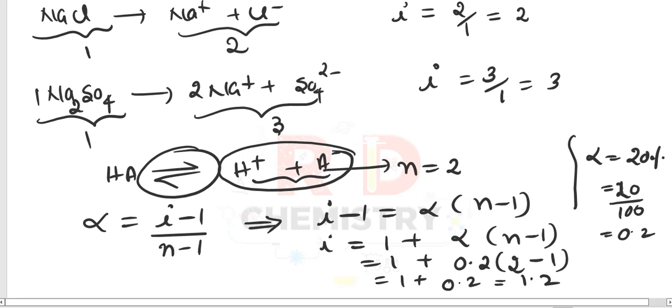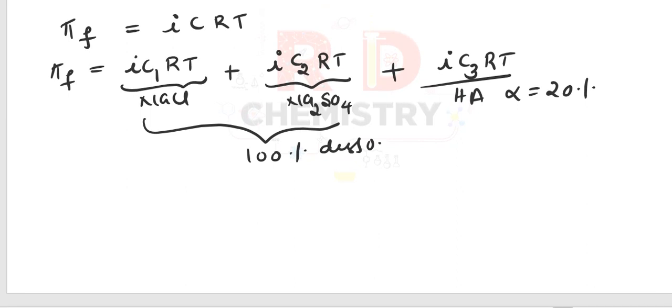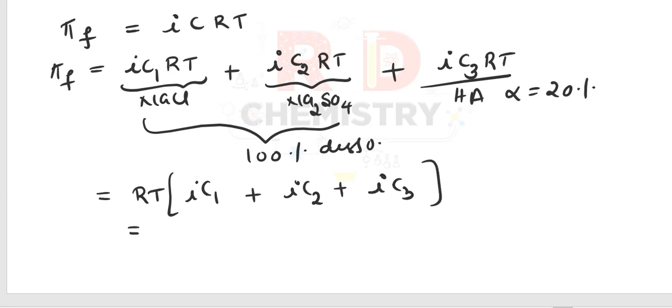Now we'll go back to the formula. See here, RT is common everywhere: i into C1 plus i into C2 plus i into C3, and RT is common there, right? Now we want the answer in terms of atmosphere, so the R value should be 0.0821.